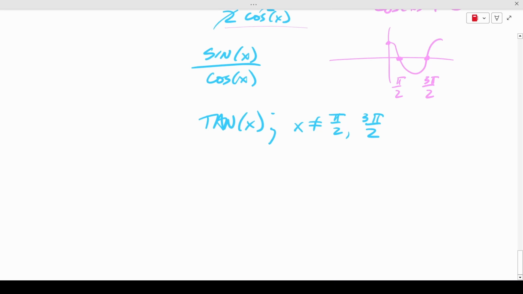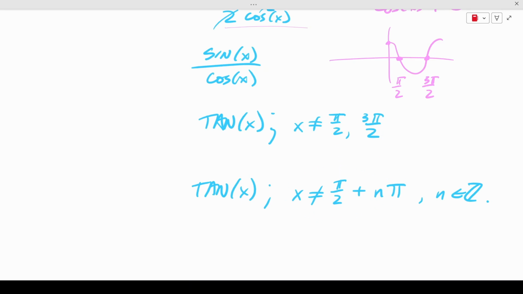Or in more general terms, I want to say that tangent of x is my answer, my simplification, but x cannot be pi over 2 plus any multiple of pi. If you walk through the different values of n in the integers, you'll see that this expression covers pi over 2.